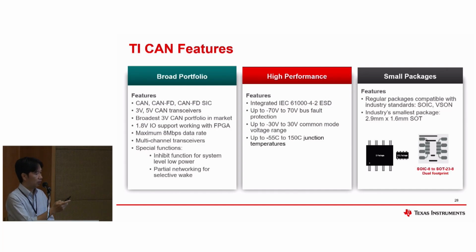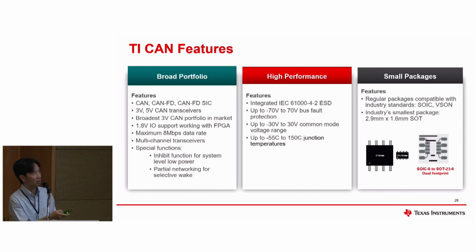In terms of performance, we have integrated IEC protection and ESD protection to support this standard. We have wide bus fault protection, where the voltage can go from minus 70 volts to 70 volts, and also support for wide temperature conditions.